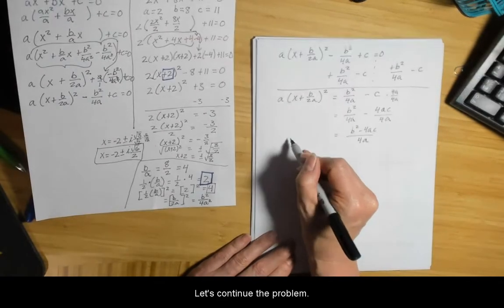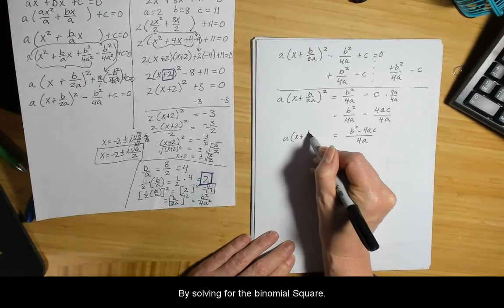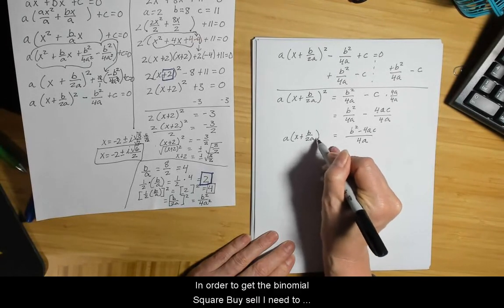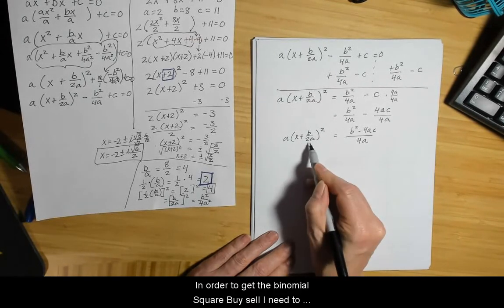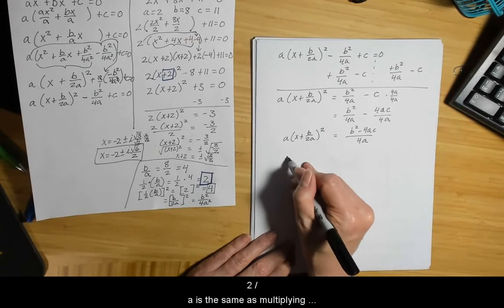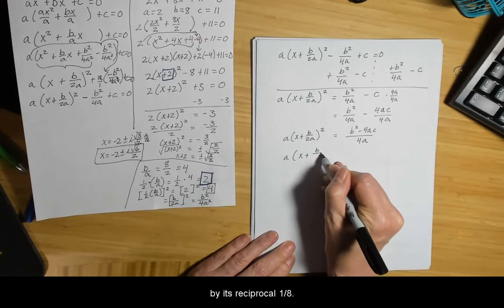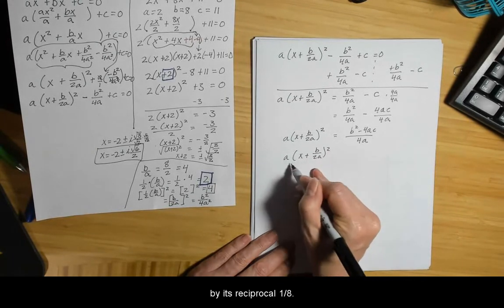Let's continue the problem by solving for the binomial square. In order to get the binomial square by itself, I need to divide by the a. To divide by a is the same as multiplying by its reciprocal, 1 over a.